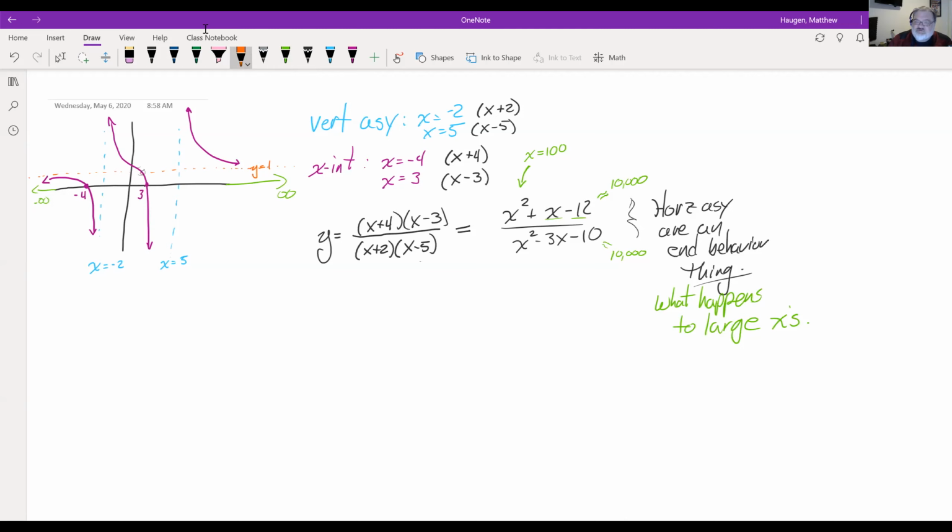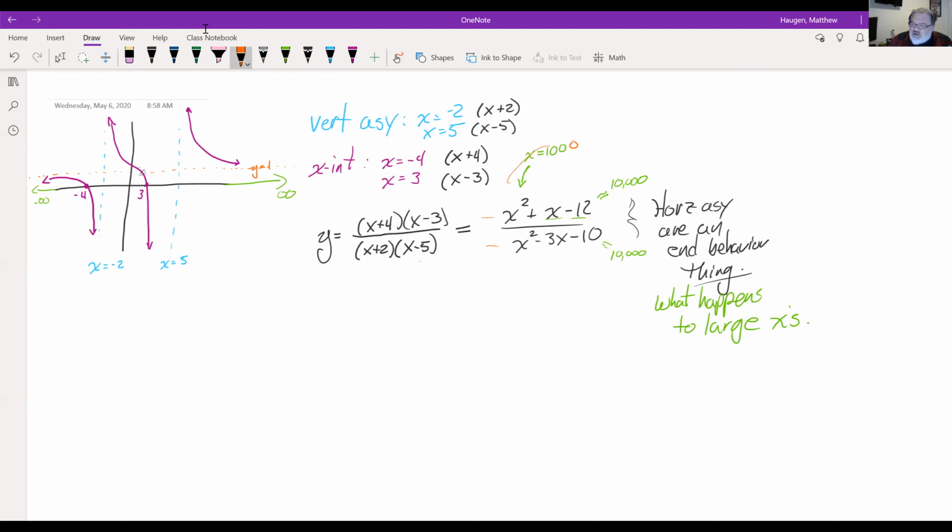Now, if we went even bigger with that, if we went to say 1,000 for x, 1,000 squared is 1,000,000. 1,000,000 plus 1,000 minus 12 is even closer to 1,000,000 than whatever it was before was close to 10,000. And 1,000,000 minus 3,000 minus 10 is even closer to 1,000,000 than the 9,690 was to 10,000. So the larger it gets, the closer and closer those numbers get to being essentially the same numerator and same denominator.